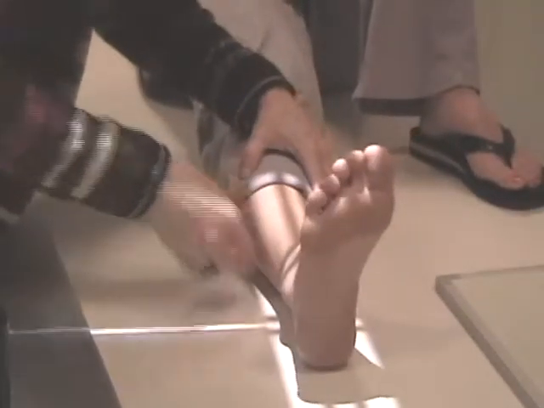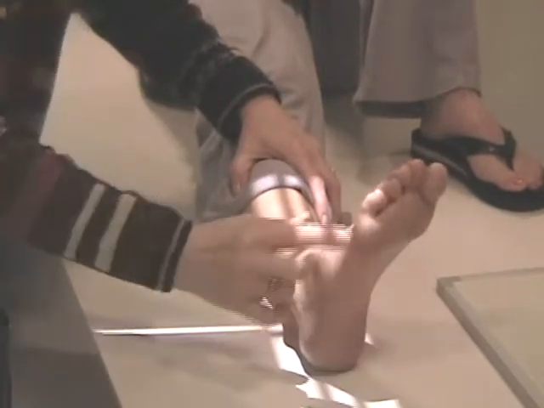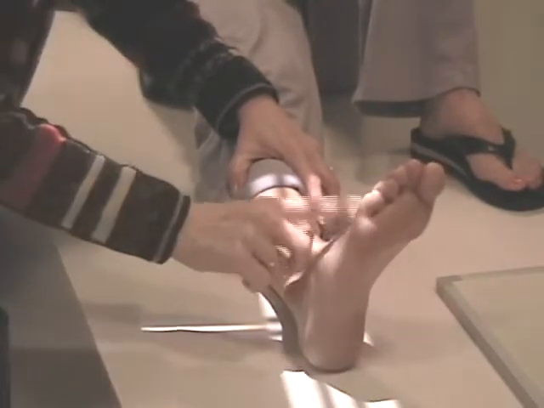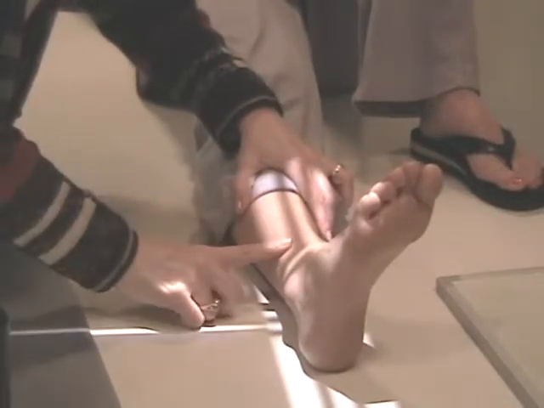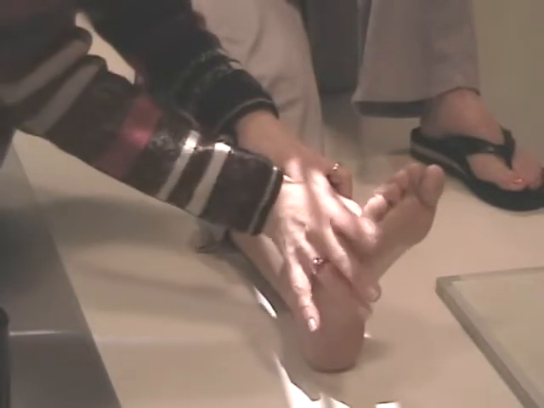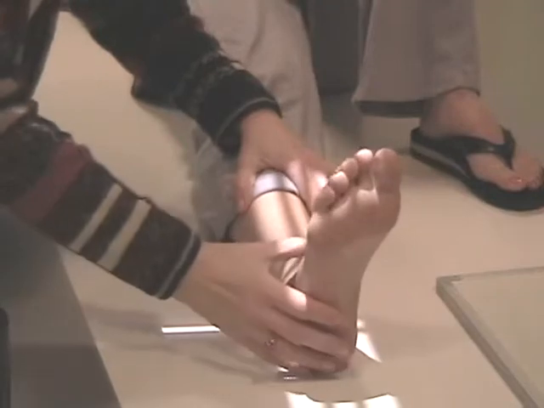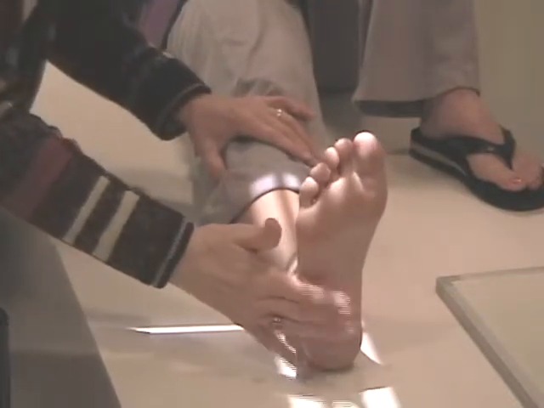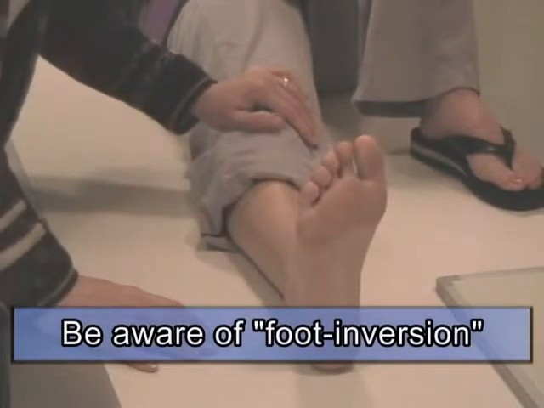What you might see is the patient actually has inverted the foot. See that? The foot looks like it's obliqued, but it's an inversion and the ankle is not obliqued. So you want to watch out for that foot. Don't accept that. Have the patient relax and bring the foot back into a normal relationship with the leg. Watch out for foot inversion, in other words.